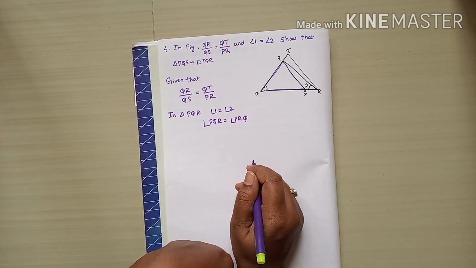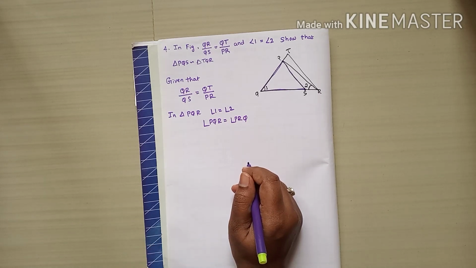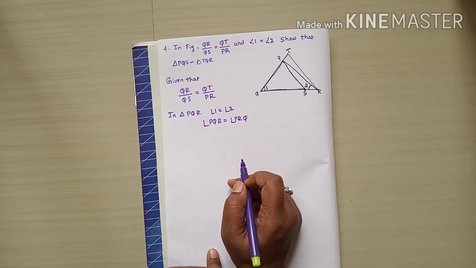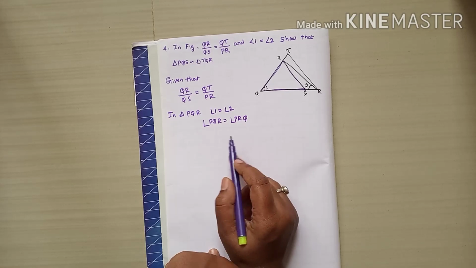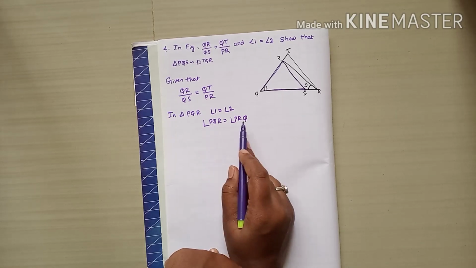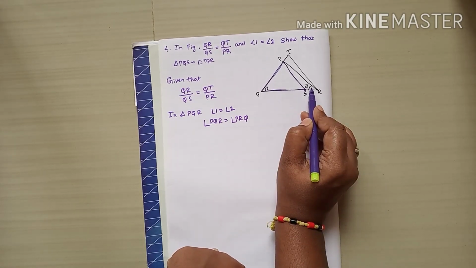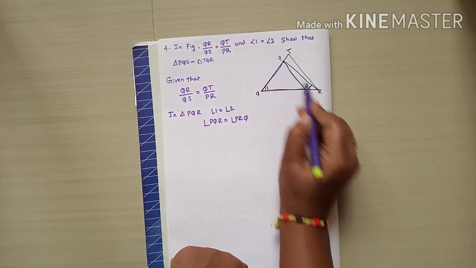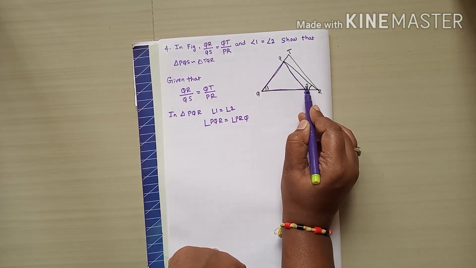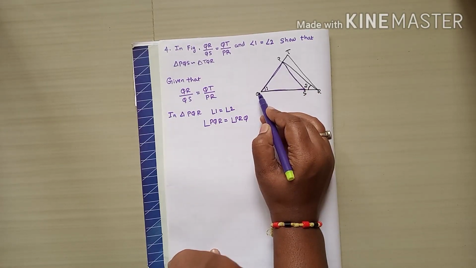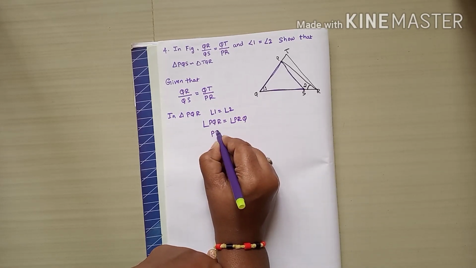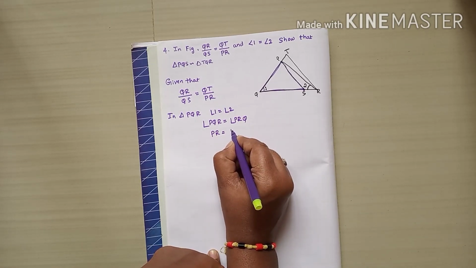Now we know that last year, in 9th standard, you learned one theorem, that is sides opposite to equal angles are equal. Here these two angles are equal, which means opposite of angle 1 is PR and opposite of angle 2 is PQ. So we can write PR is equal to PQ.